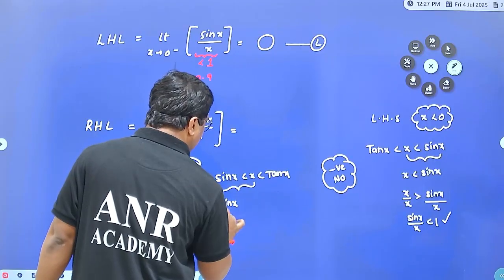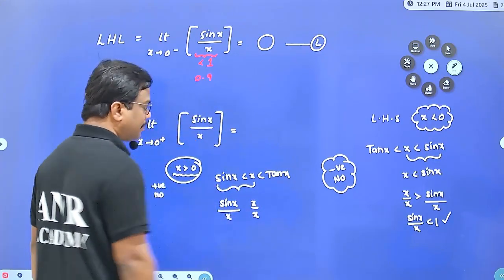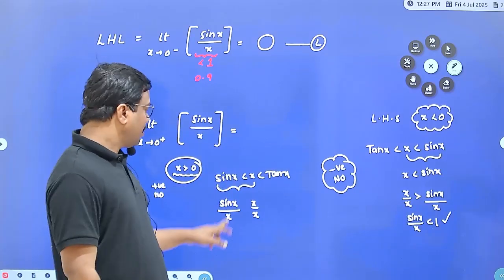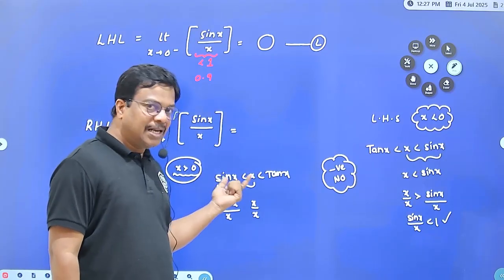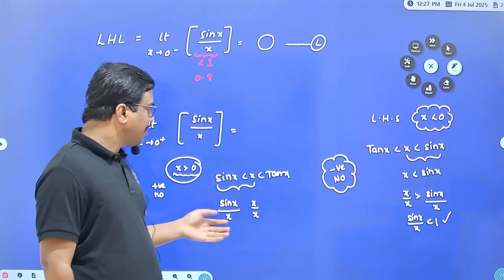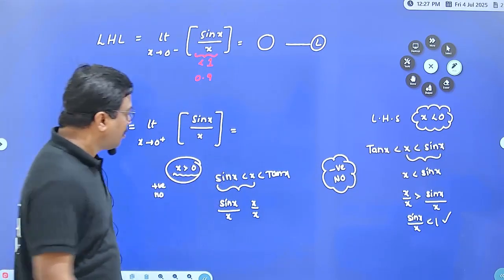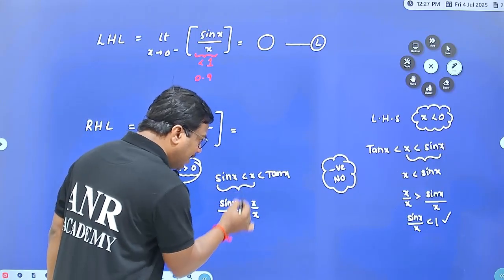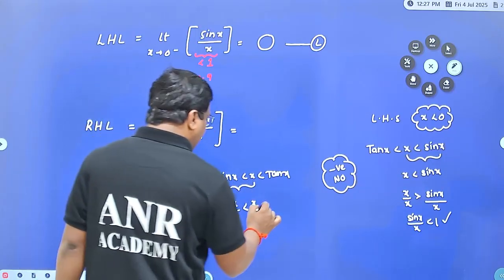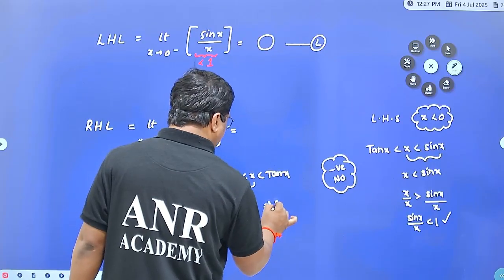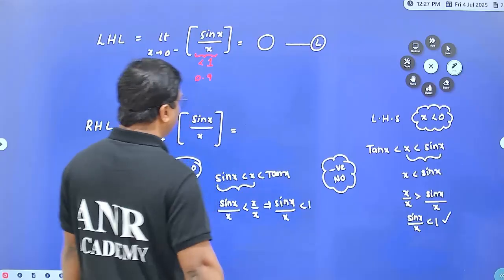Sin x divided by x, x divided by x. Both sin x and x are positive, and there is a relation, sin x less than x. When you divide with a positive quantity, there is no change in the inequality, so you will get the less than symbol here. That is clearly sin x divided by x is less than 1.